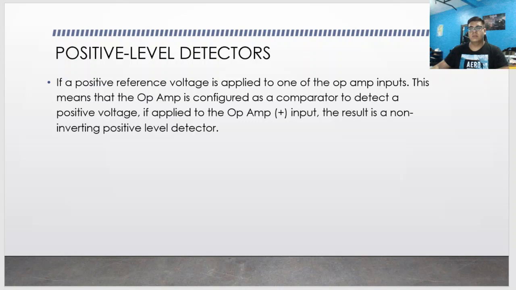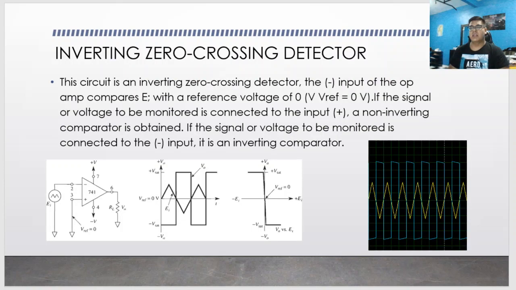Here we have the inverting zero crossing detector. This circuit is an inverting zero crossing detector. The negative input of the op amp compares with the reference voltage, that is 0, and if the signal of voltage to be monitored is connected to the positive input, a non-inverting comparator is obtained.